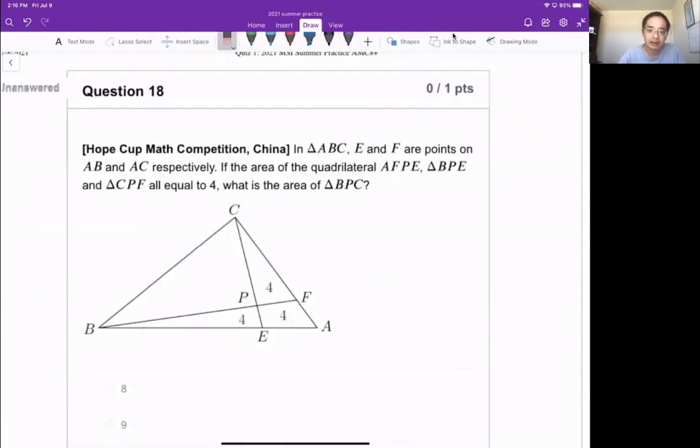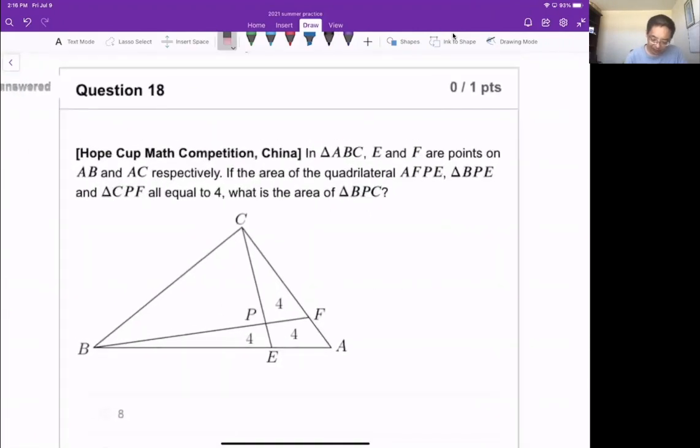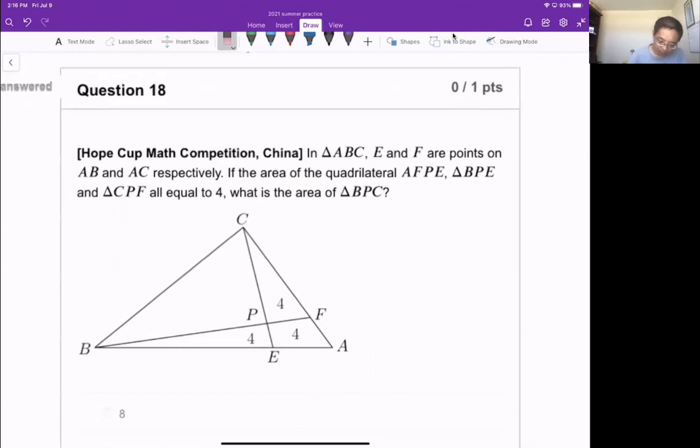Question number 18. In the following triangle ABC, E and F are points on AB and AC respectively. The areas of quadrilateral AFPE, triangle BPE, and triangle CPF all equal 4. The question is, what is the area of BPC?